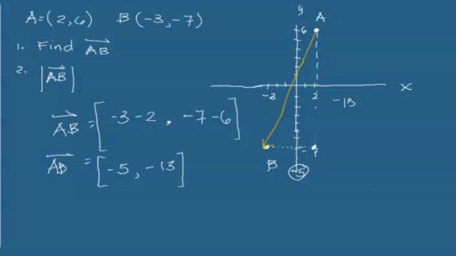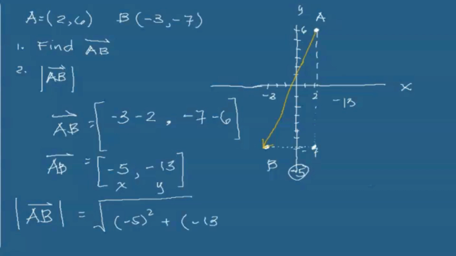Okay. And now for the length, how do we calculate the length of vector AB? So knowing we have the x component of the vector and y component, that is equal to the square root of negative 5 squared plus negative 13 squared.